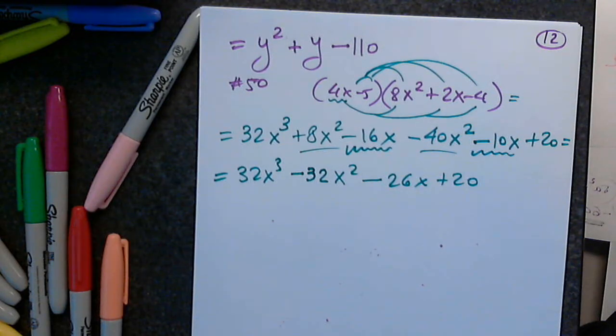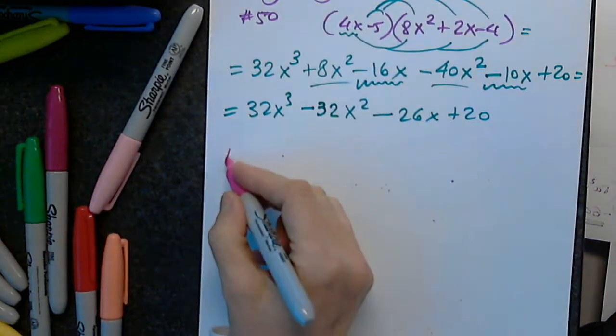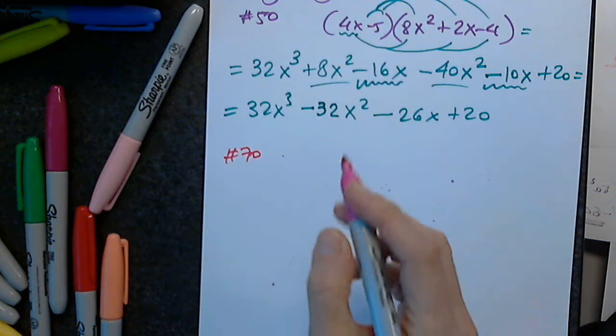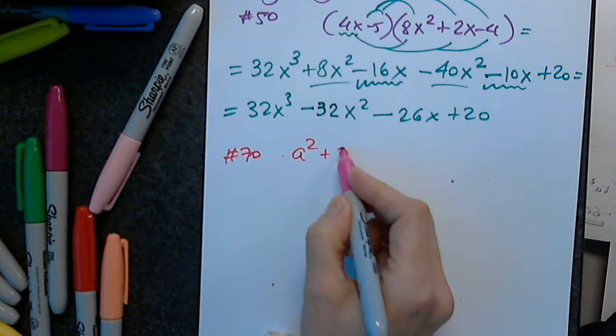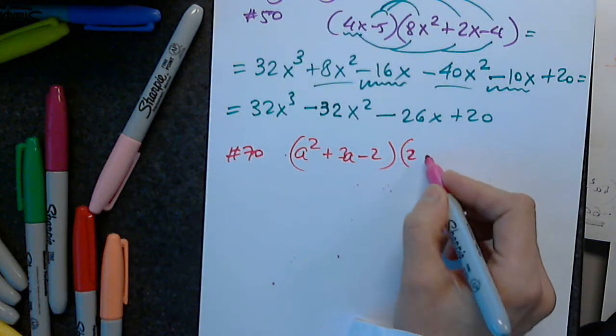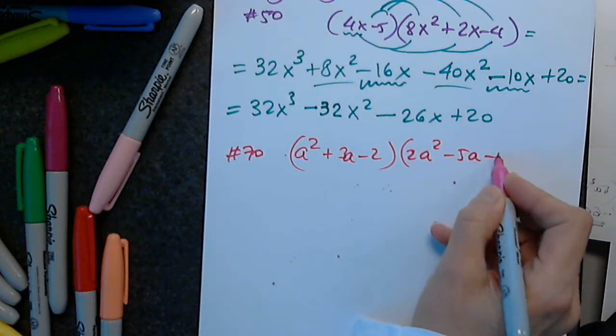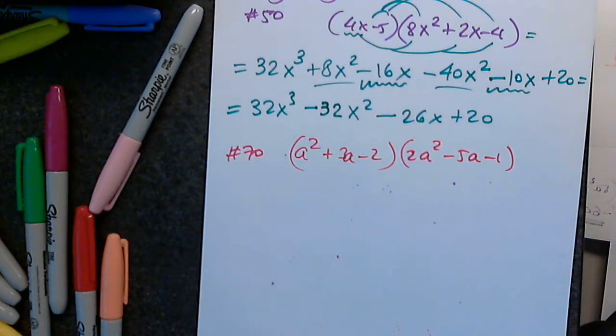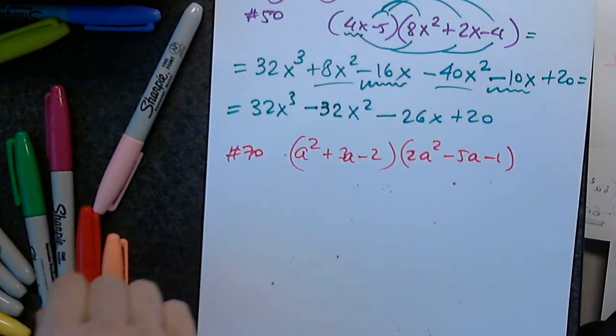Okay, so let's look at 70. That's as far as we need to practice, I think. Once we know this, we can multiply any polynomials. Can anyone tell us what they are? The first one is a trinomial. Excellent.